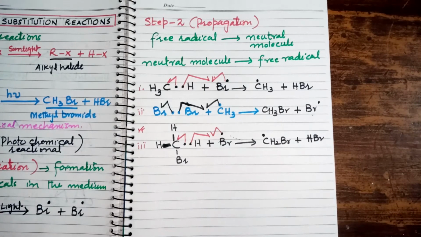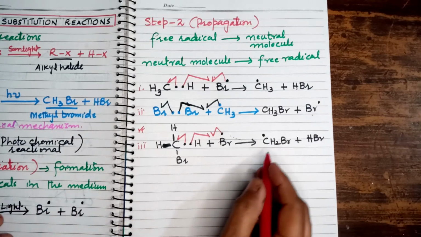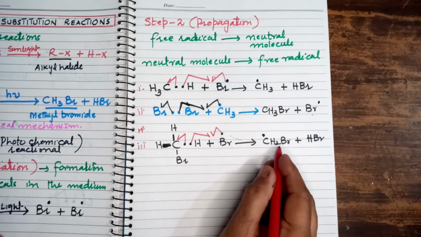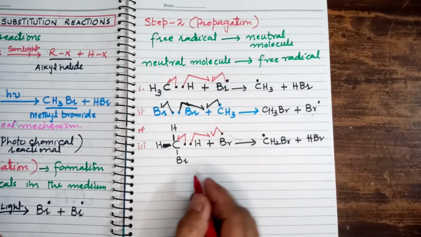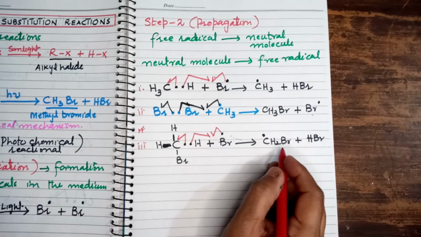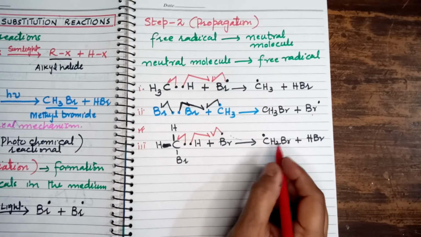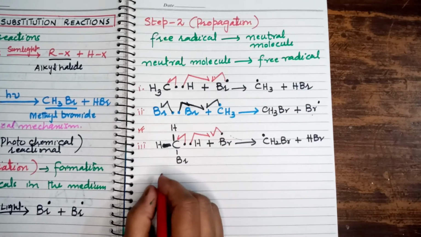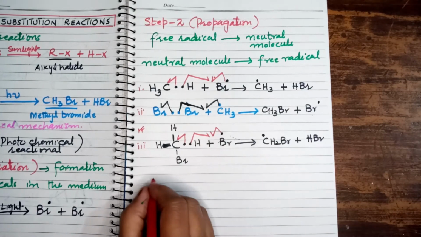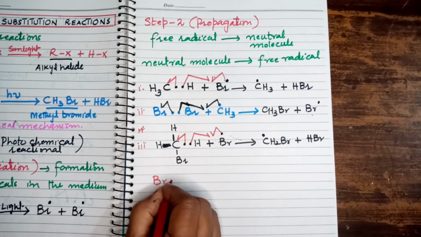Now in the next stage, again we will write this here. These products which are formed here, we will write here the methyl bromide free radical, we will write here bromine molecule, right?